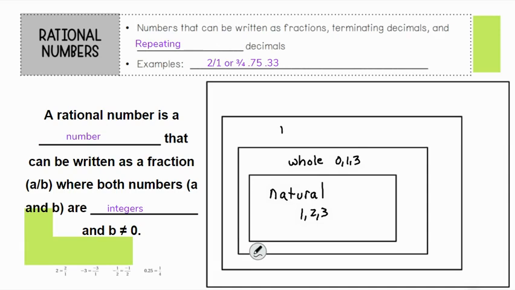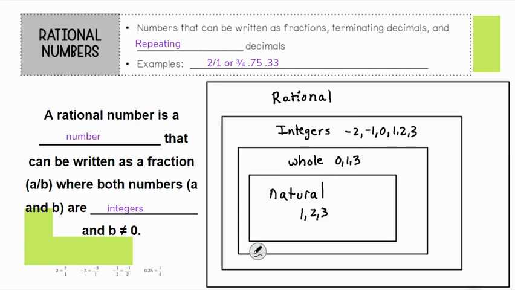Then, as people were borrowing money and going into debt, we needed a way to define that, so integers. They include negative numbers, the 0, and the natural numbers. And then our last category for now is rational numbers, where we added decimals into this whole thing.